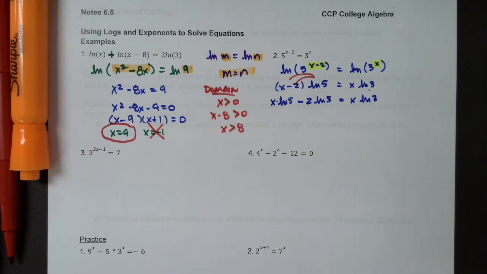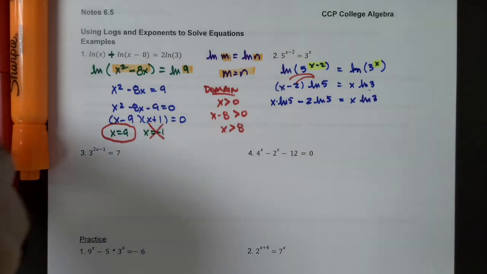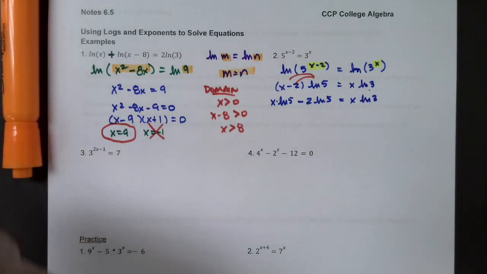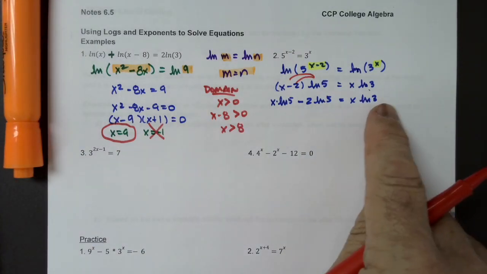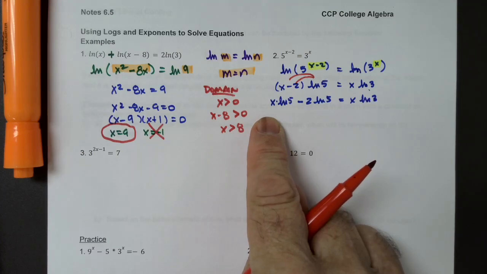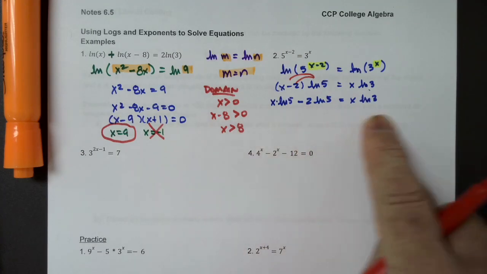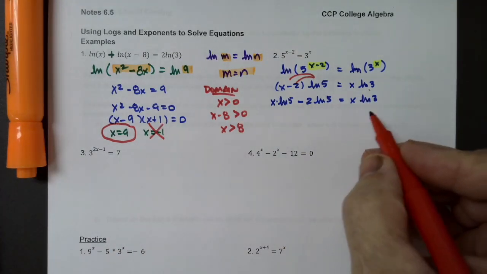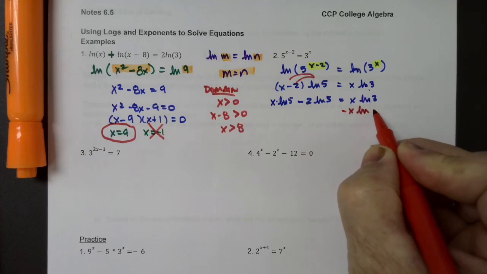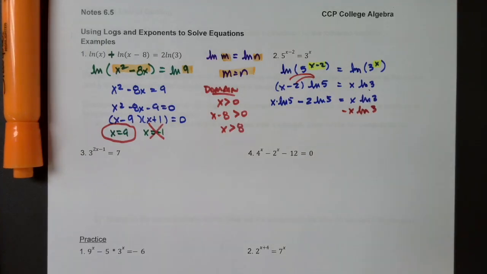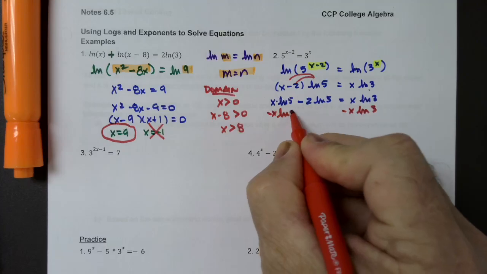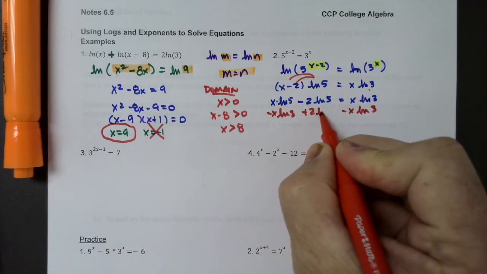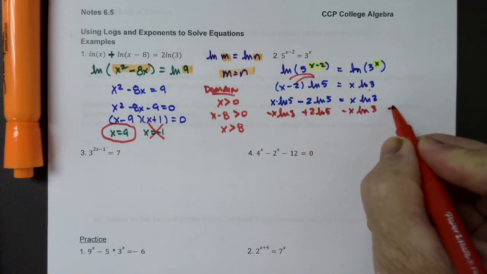Let's move our x's over to this side, and I'll move this other term to the other side. So I'll get my x's on the left-hand side by subtracting this x times the natural log of 3. And while I'm at it, let's add this 2 natural log of 5 to both sides.